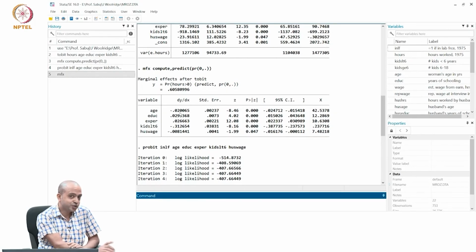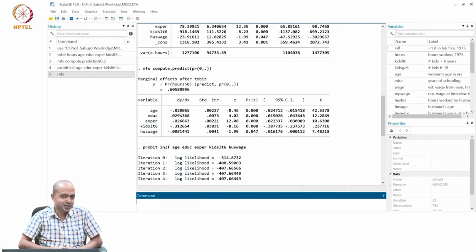Okay. That means what we discussed, that Tobit is basically Tobin's Probit. The output you got from the Probit model and the marginal effect is exactly matching with the marginal effect that we got from the Tobit model as well. Okay? That is the beauty.